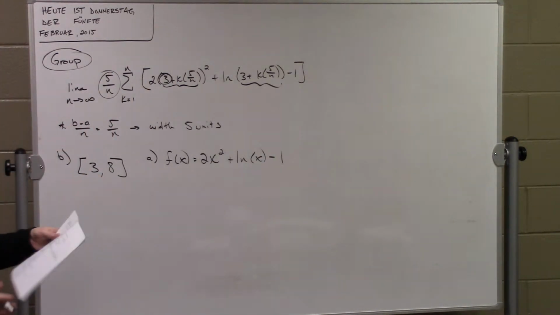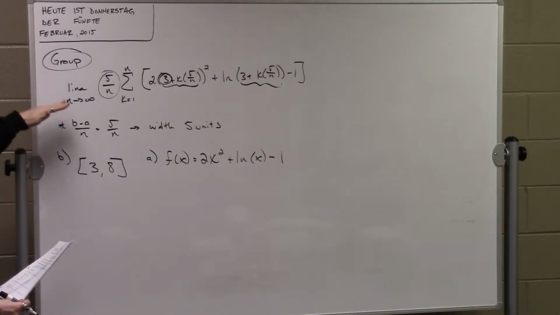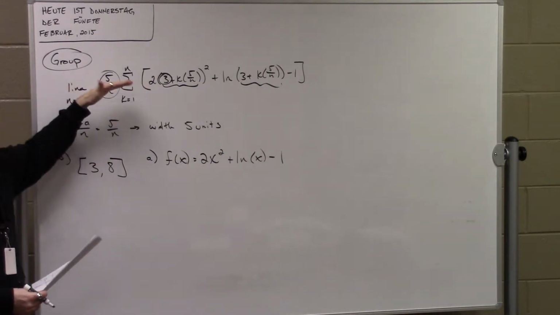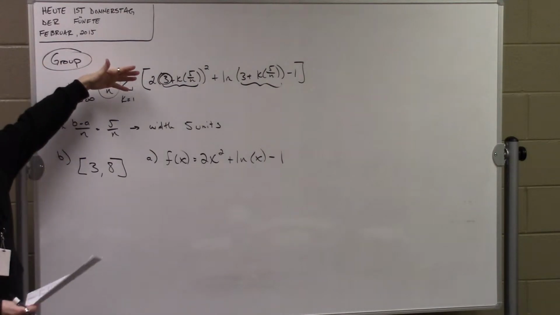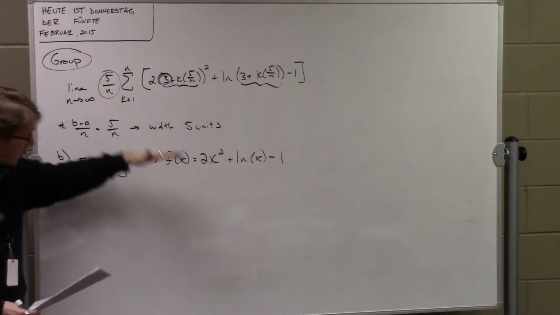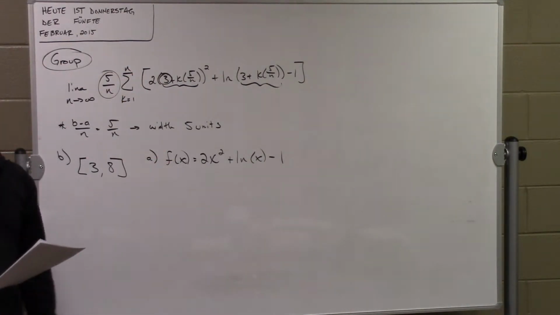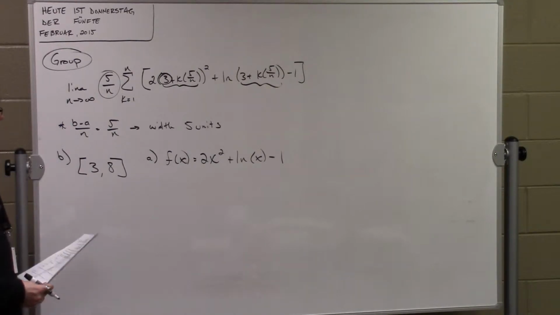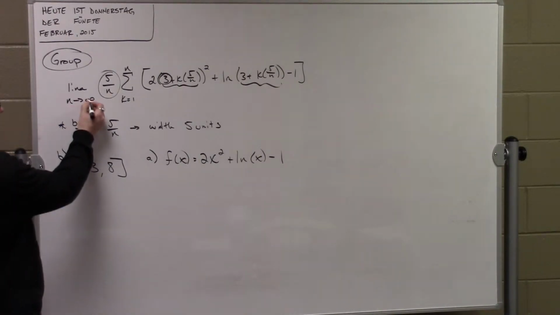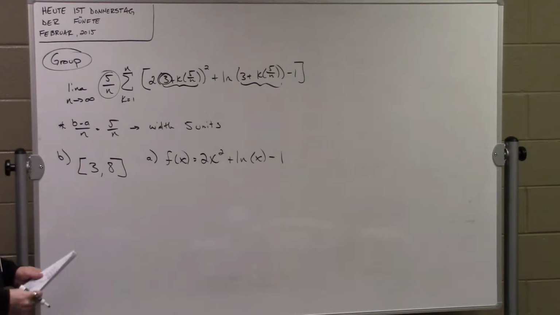So there are the answers for part A and part B of number 1. They do not expect you at this point to do that. Even if I needed to know what this grand total answer was, I would turn it into that and plug it into my calculator and be done with it, okay? They do not expect you to do the whole limit going to infinity again. We have much better ways.